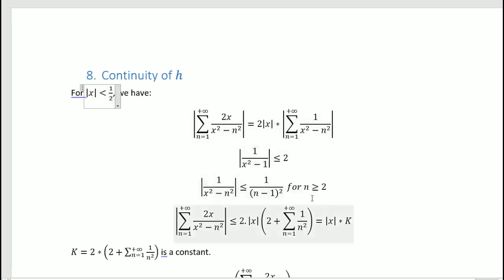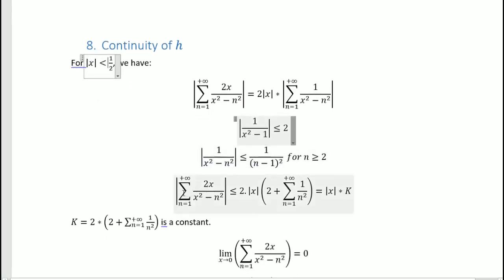And we also get this expression for n superior to 2. So it's just saying this expression. So we can do this inequality, get this inequality. So we get 2 absolute value of x times something, but we can say that this is a constant.